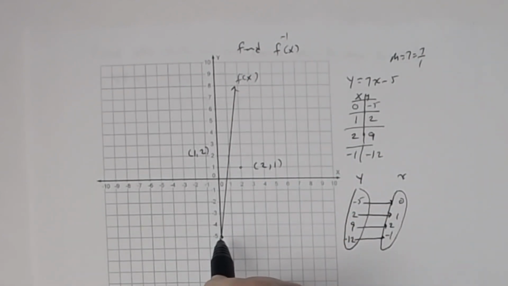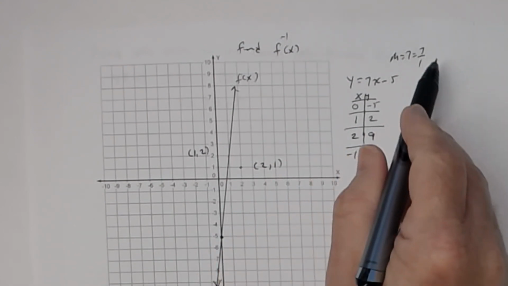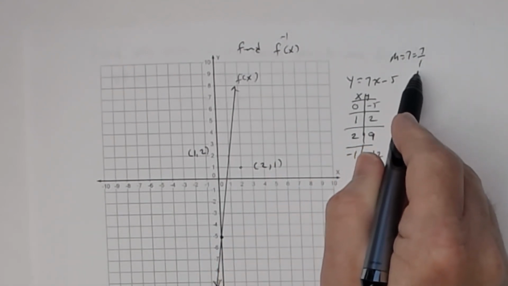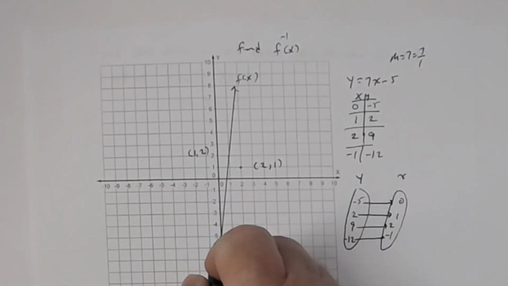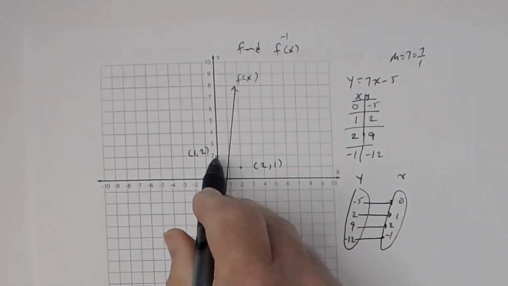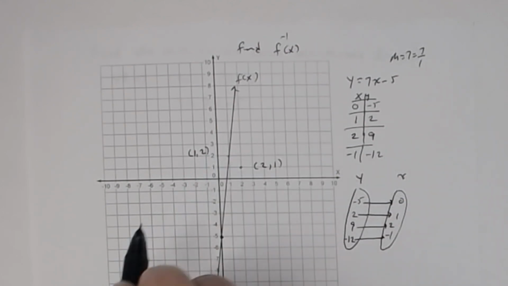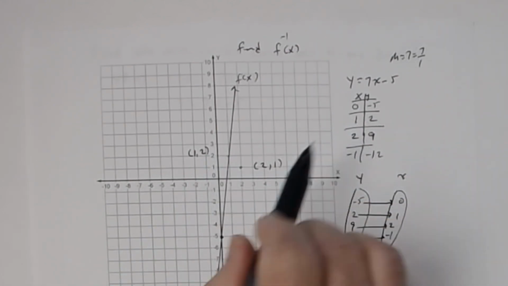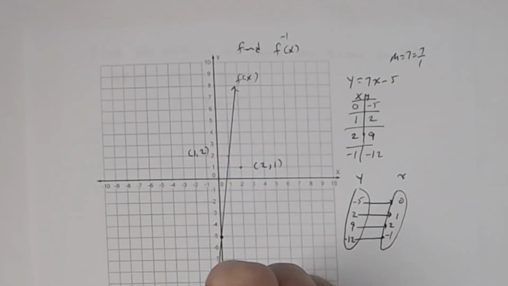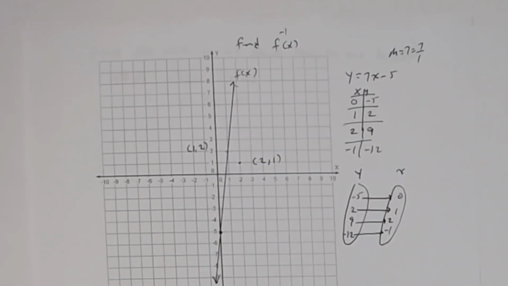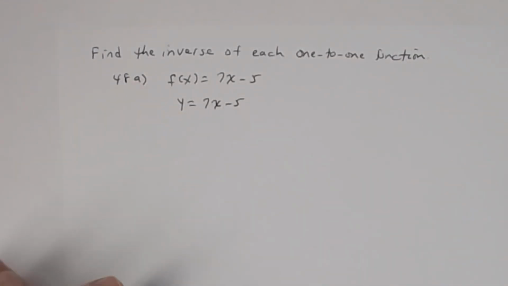From this y-intercept, I'm going to go up 7 units, remember rise over run, so positive, positive. Up 7 units, 1, 2, 3, 4, 5, 6, 7, and then to the right 1, and there's the point we found, that point 1, 2. Then you just draw your line. Okay, now let's go back to this.